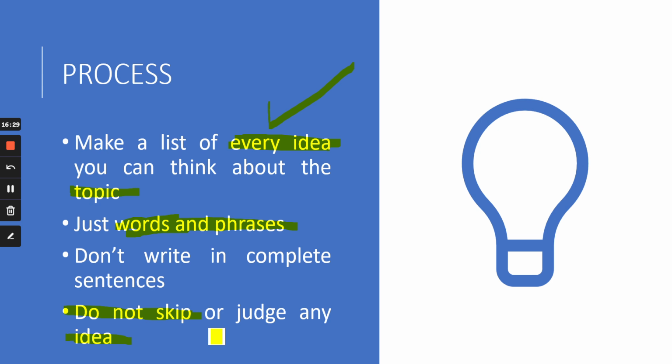Whatever idea comes to your mind about the topic, just make a note, because you never know, at the end of the day, that might be the best idea for your IELTS essay. So even if you feel the idea is stupid, please make a note of it. Then you decide whether it will work or not. But do not take a call at the time of writing the idea down. All right.